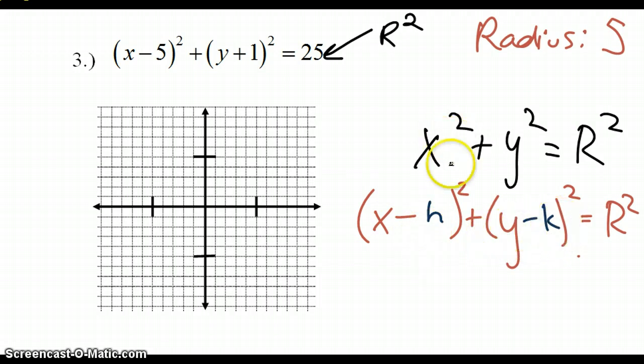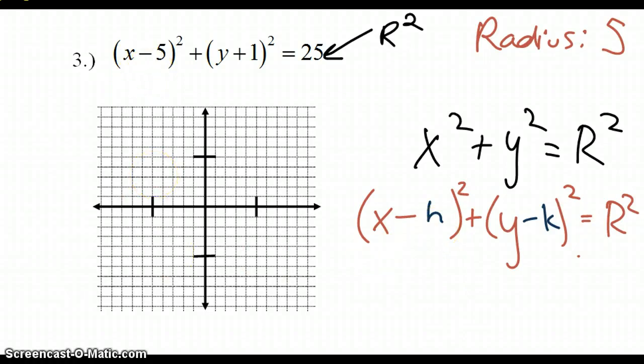So the difference between these two formulas is that in the top one, the center of the circle is the origin. In the bottom one, the center of the circle is h comma k. So what h and k do, when there's something subtracted from the x and y inside the parentheses before it's squared, is shift the circle throughout the coordinate plane.